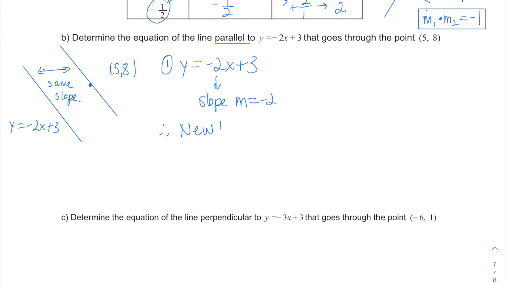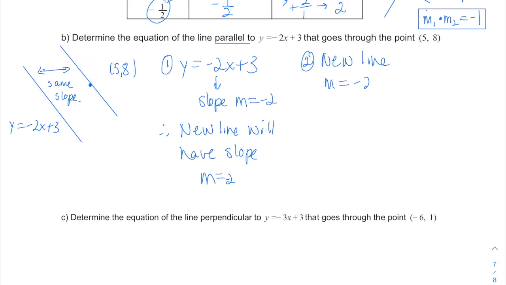So if I first look at my given line, I can see that the slope m is -2. Therefore, my new line will have the same slope, m equals -2. So if I want to find my new line, I know that the slope is -2 and it goes through the point 5, 8. So I can use y equals mx plus b or y minus y1 equals m times x minus x1. In this case, it doesn't matter what we use.